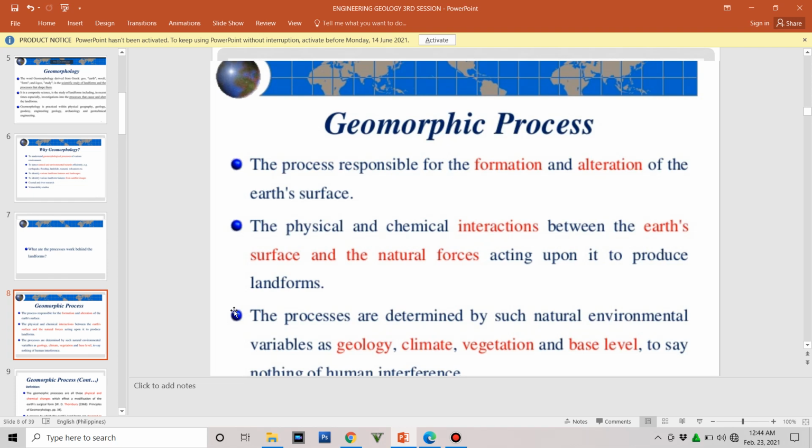So we will just have to consider natural processes. So we set aside the human interventions like cutting of slopes, excavation works, and tunneling. For the meantime, we will disregard that in our discussion.